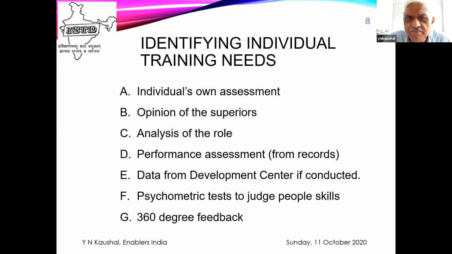Then there can be something like singing. The person sings very well. But if the job is of sales, that is not a skill which will be utilized in the job. That is for his personal life. However, if the job is of singer, then obviously that skill will be utilized very well. So it depends.